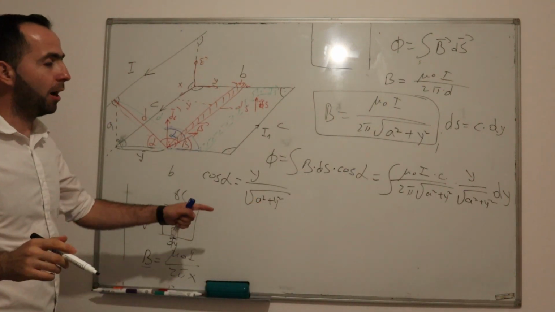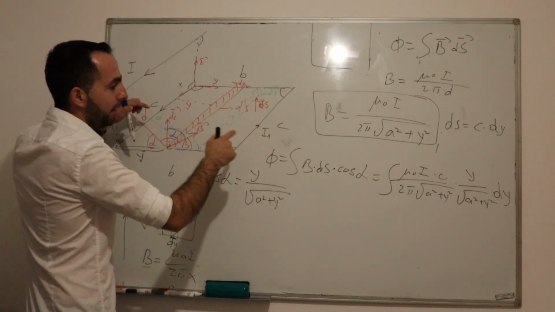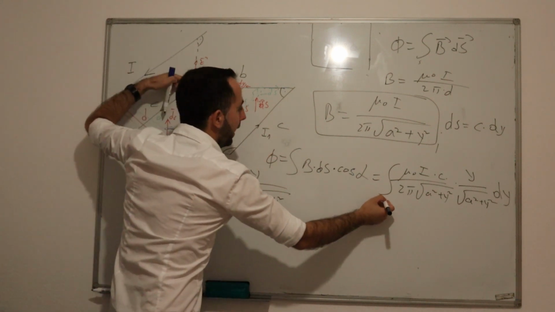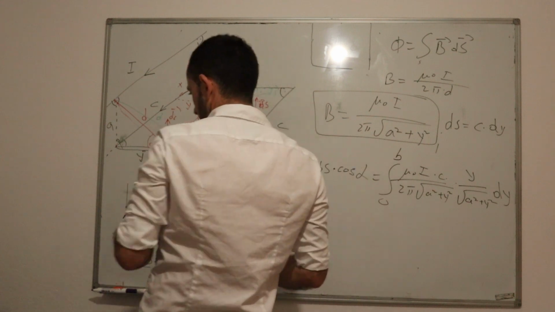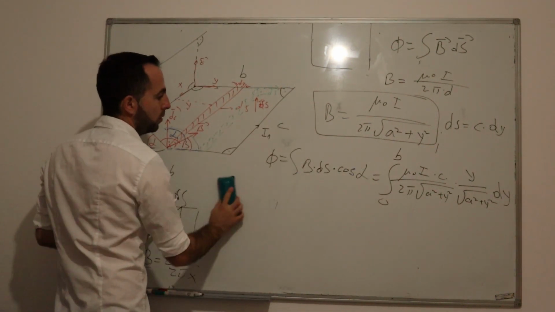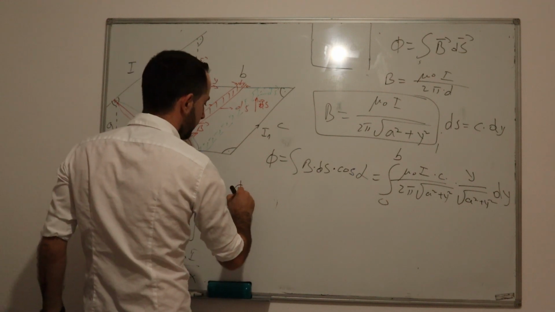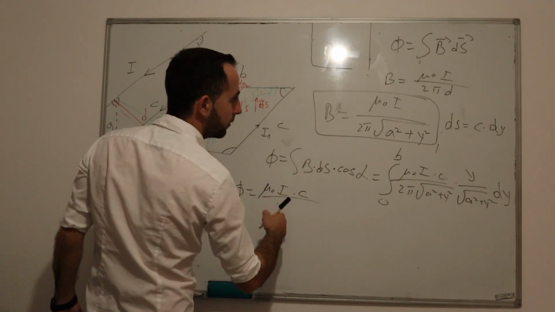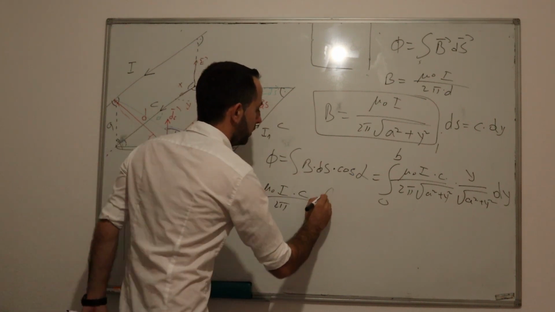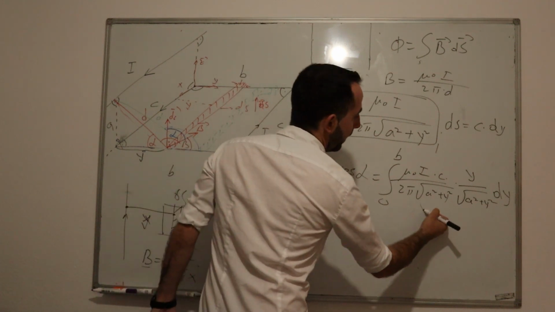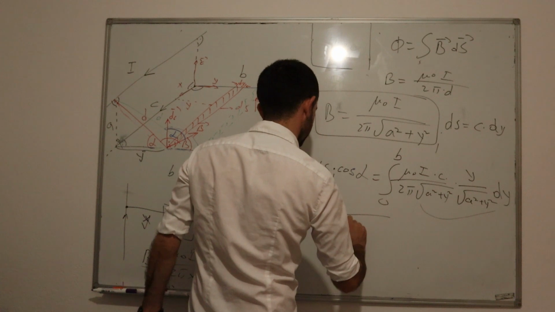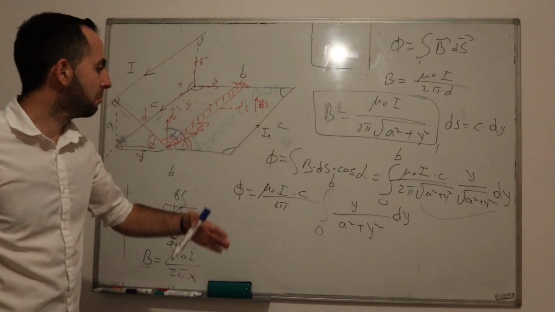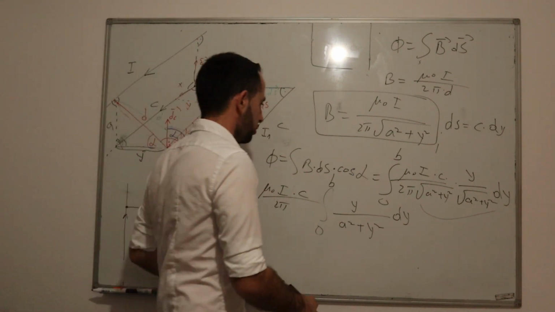What are the borders? Well, as you can see, my surface starts from the center of the coordinate system, which is 0, and it goes to b. So our flux is equal to, everything that is constant I can draw in front of the integral. What will I have? The square root of this times the square root of this is a square plus y square, with y dy. You solve this integral with a simple substitution.